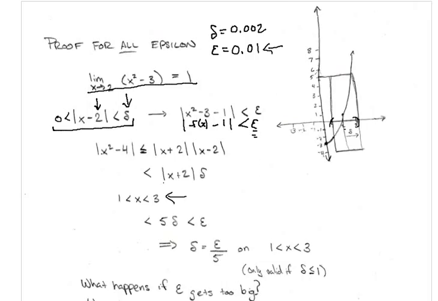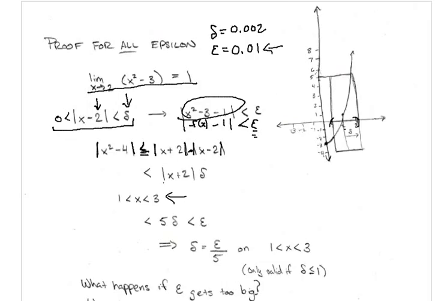So we do the work that we did before, right? We find that this quantity has to be less than or equal to its individual factors multiplied together in absolute value functions. So x squared minus 4 is equal to x plus 2 times x minus 2.